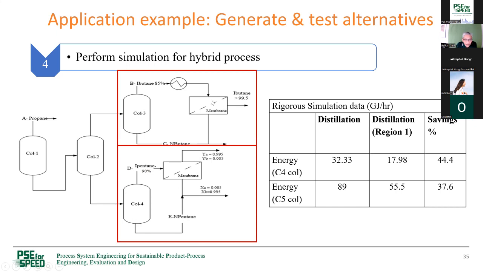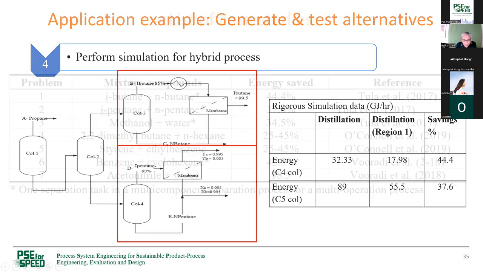The only change we make is to add 2 small membrane units. And we reduce the reflux in this column and in this column, and nothing else is changed. The columns work perfectly at this lower reflux. And because the reflux is reduced, the purity is reduced, and the reboiler duty is reduced.